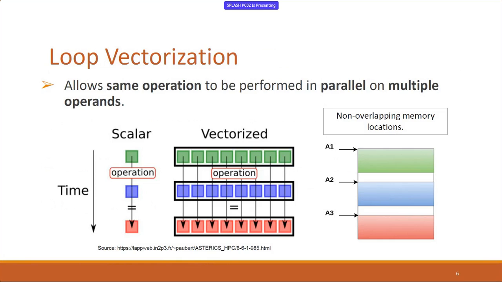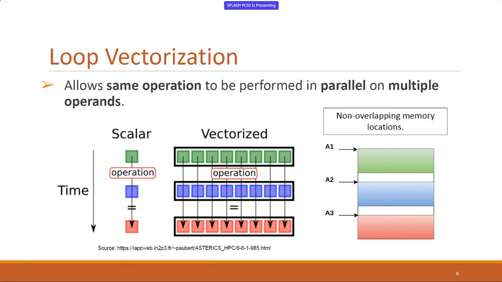However, a loop can only be vectorized when the memory locations corresponding to the operands never overlap with each other. So clearly, the information related to memory overlaps is very crucial to loop vectorization, as it might otherwise introduce data inconsistencies.